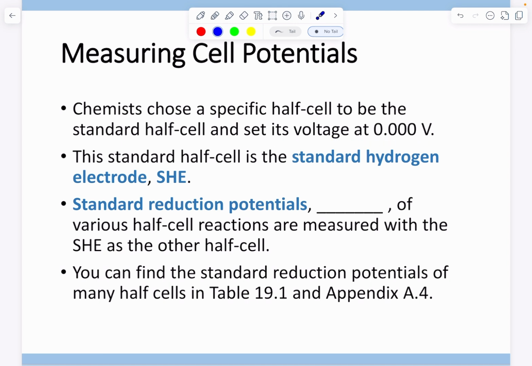This is going to be 0. Anything higher by some amount, that's what we're measuring. So the standard half cell is called the standard hydrogen electrode, the SHE. Standard reduction potentials for different redox reactions, they are represented by capital E, degree symbol for standard, and then RED for reduction.